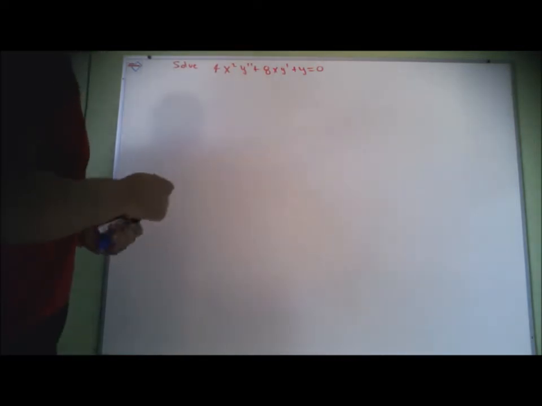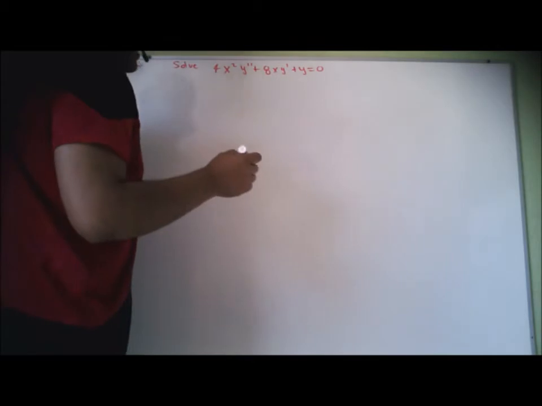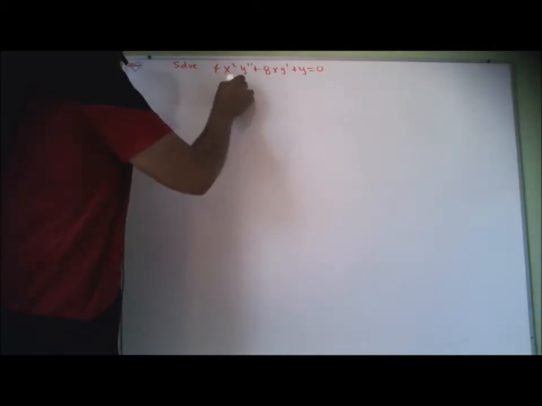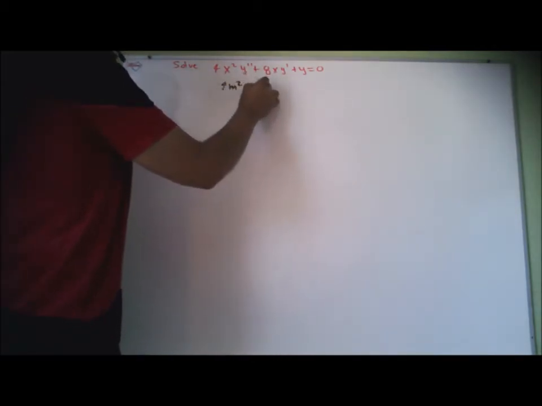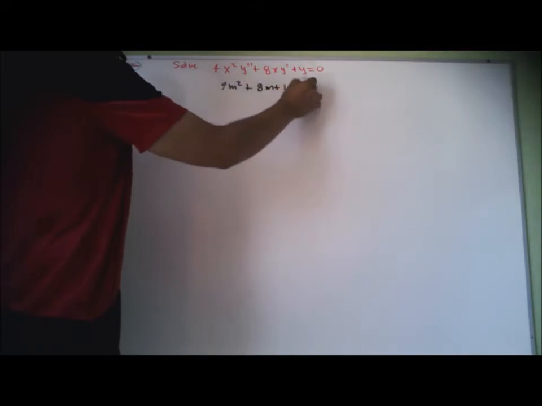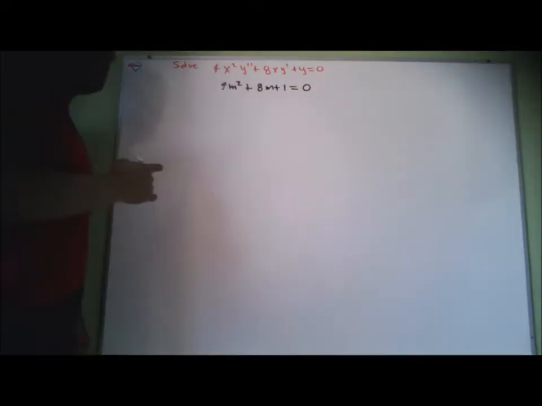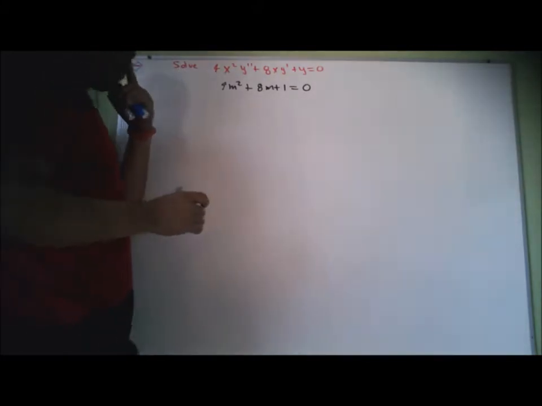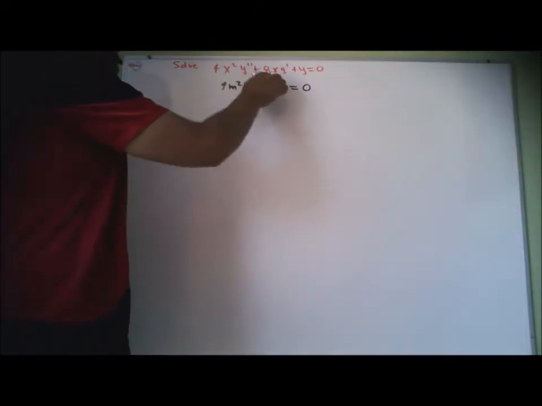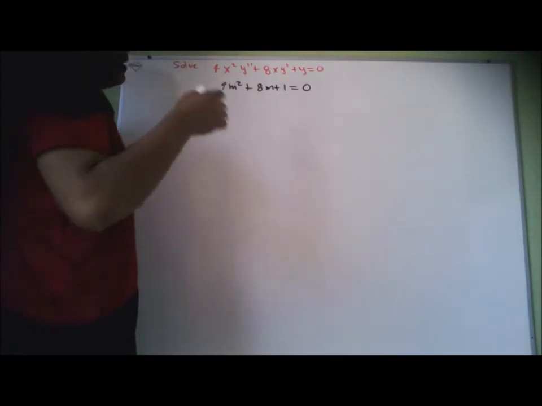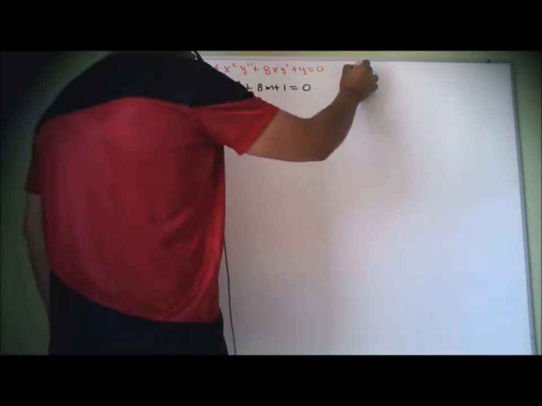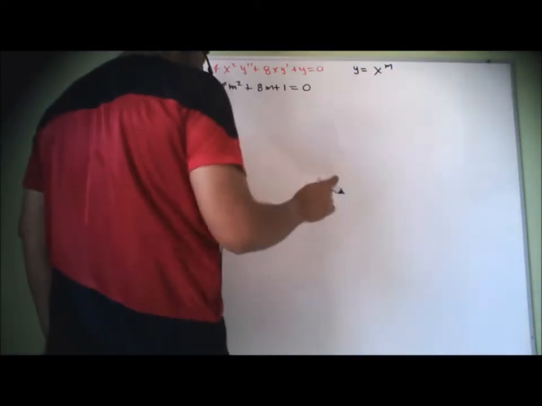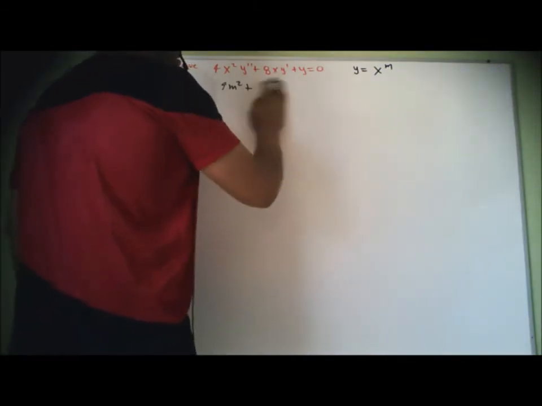Okay, let's start with the characteristic equation. So 4m squared plus 8m plus 1 equal to 0. Now, this is wrong. This is not the characteristic equation. This was the rule when you have constant coefficients and the proposed solution was exponentials. In this case, it's x to the power of m, and the characteristic equation is different.